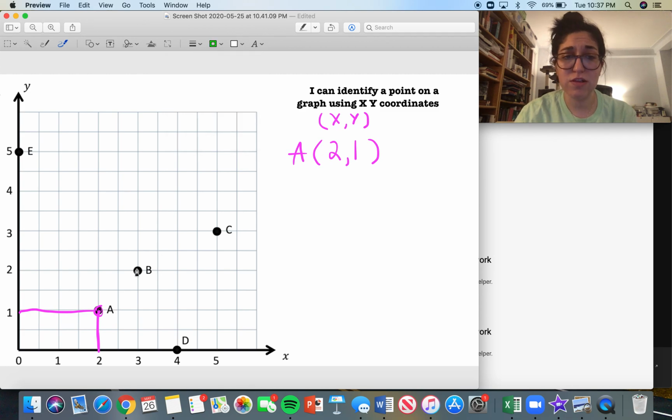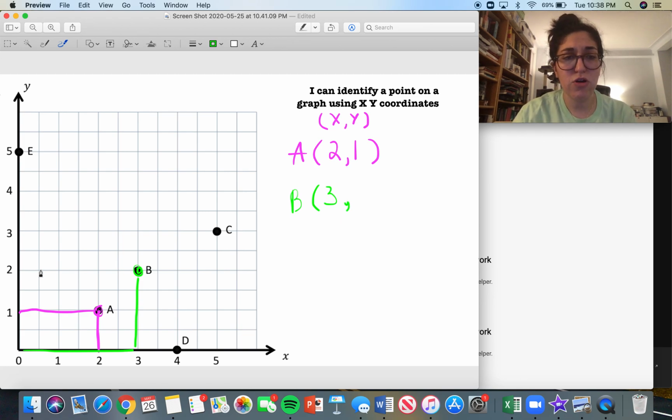Let's try another one. Let's look at B. Again, the first place I'm going to look is where it is on the x coordinate. How far across is it? B is this far across. It goes all the way to the number 3. So the x is 3.